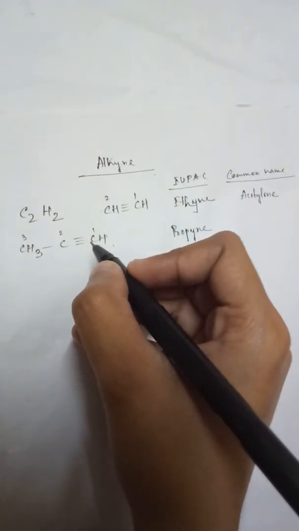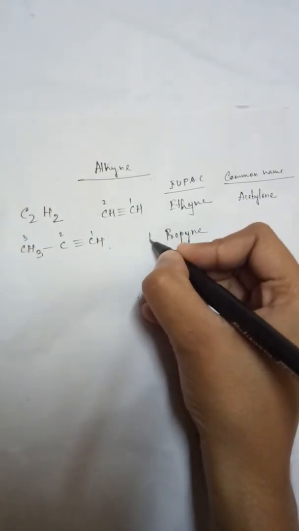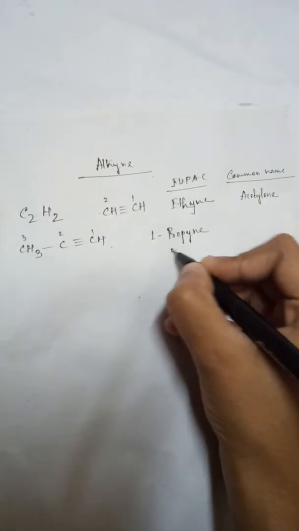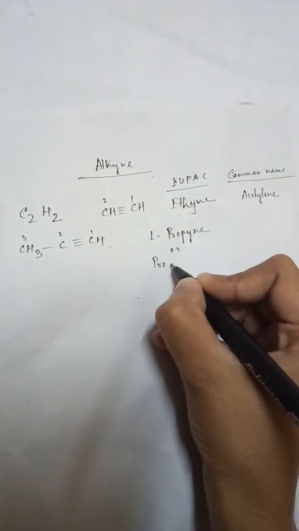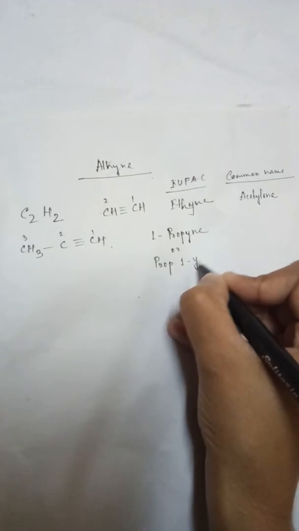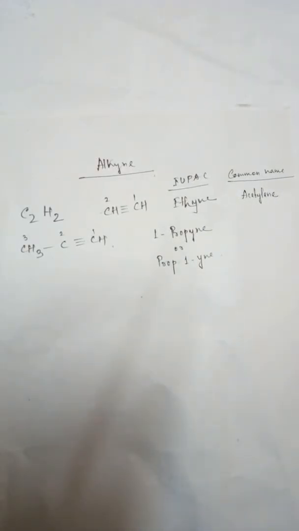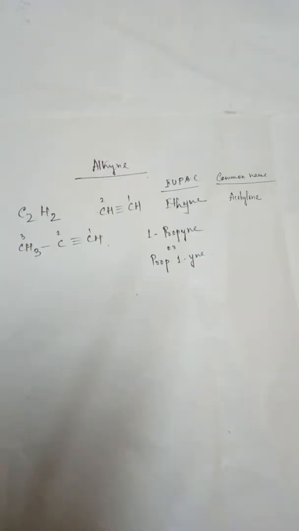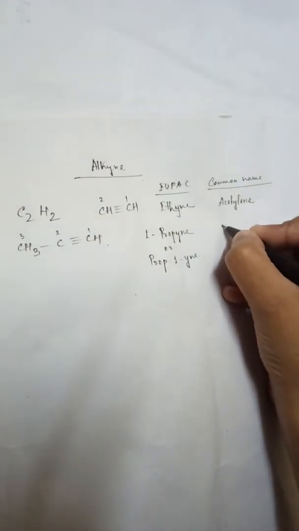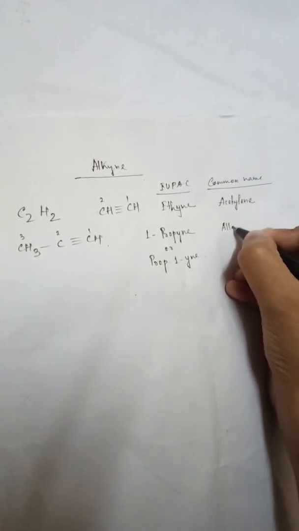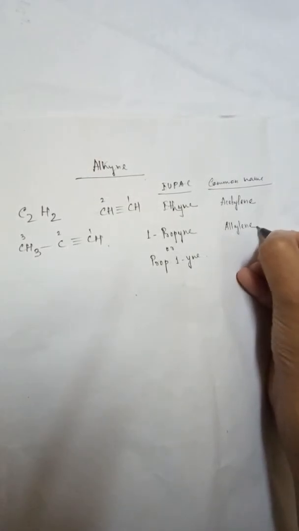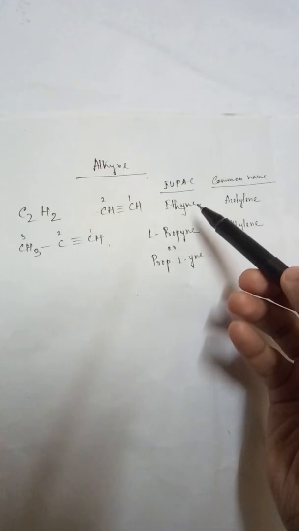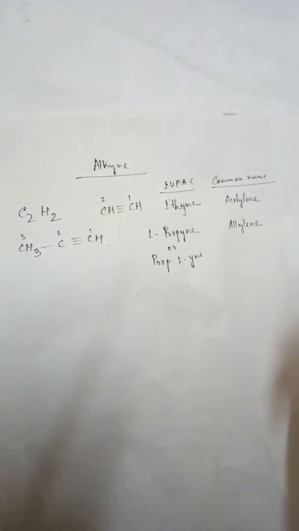So the triple bond starts from carbon 1, so we can write 1-propyne or prop-1-yne. In case of propyne, always remember, the common name is allylene. In case of ethyne, the common name is acetylene. In case of propyne, the common name is allylene.